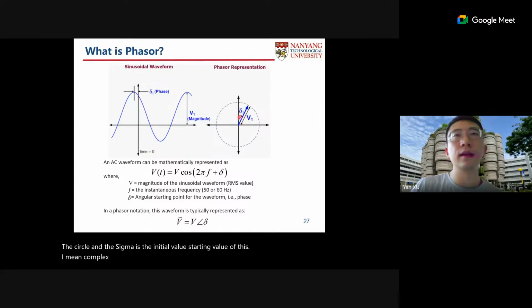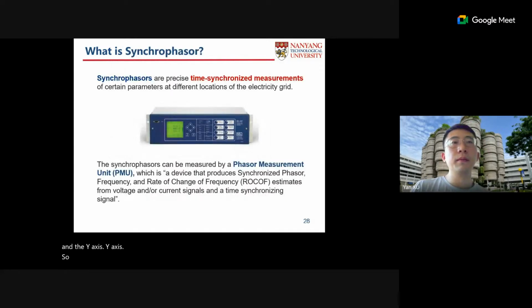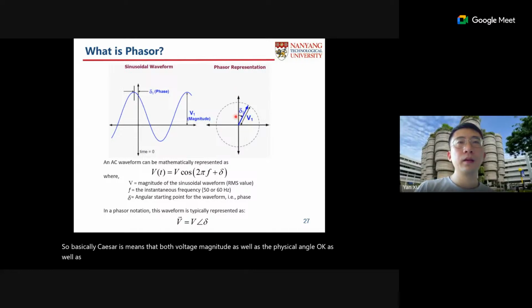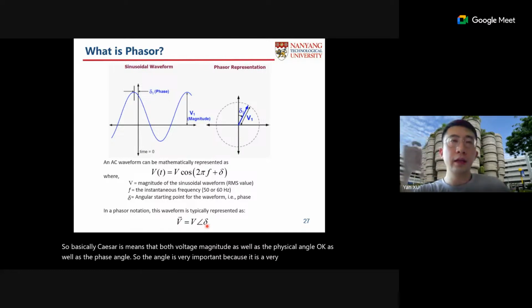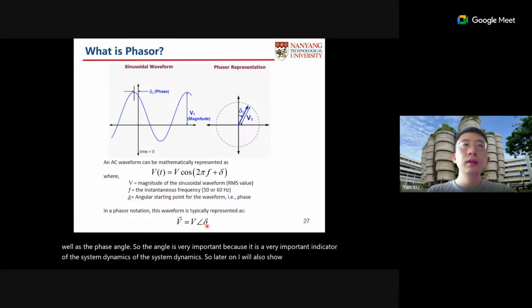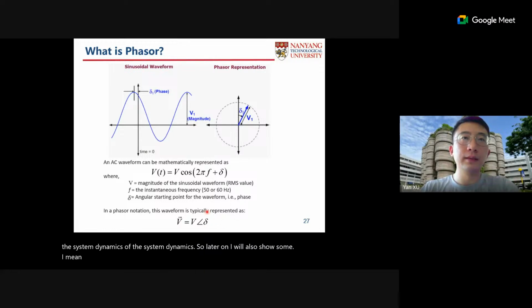You can see it's the angle difference between this phasor arrow and the y-axis. So basically, a phasor means both the voltage magnitude as well as the phasor angle. The angle is very important because it is a very important indicator of the system dynamics. Later on, I will also show some videos to better understand this phase angle.